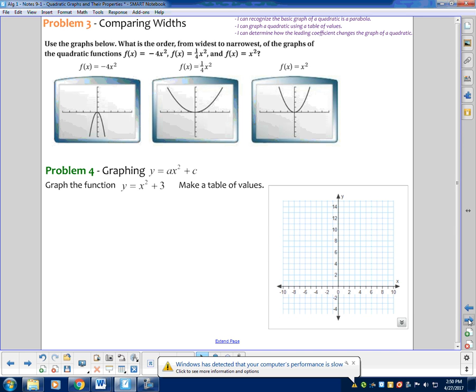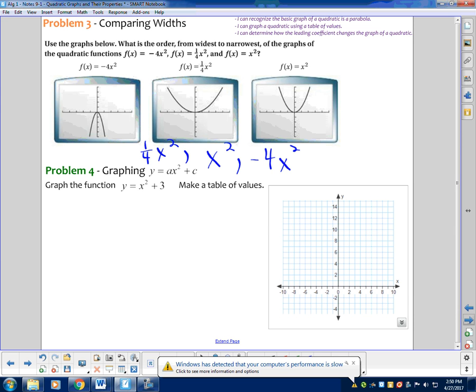Middle, okay. So it says put them in order. So the first one would be 1/4 x squared. What's the next widest one of these three? Okay, this one? Okay, so x squared is next. And what's the skinniest one? The first one. Okay, so do you guys see that? Can you visually see that? Yeah. And do you see how the number in front of the x squared affects it?